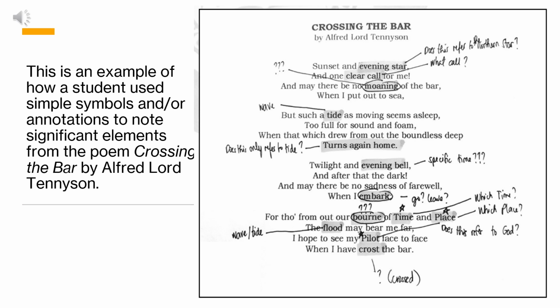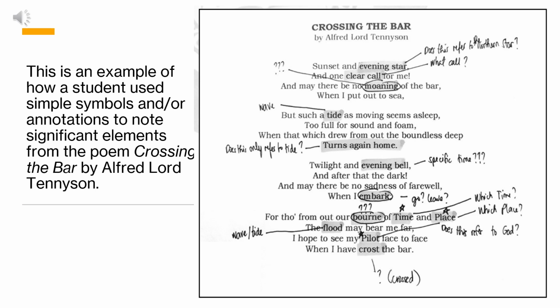Okay, the same is true with the word embark. Is the meaning of the word embark go or live? So you have the question mark again. When are we going to put a question mark? Whenever we have uncertainty. Then born, okay, being encircled. Then plod, wave, tide. Does this refer to God? The pilot, the word pilot there.